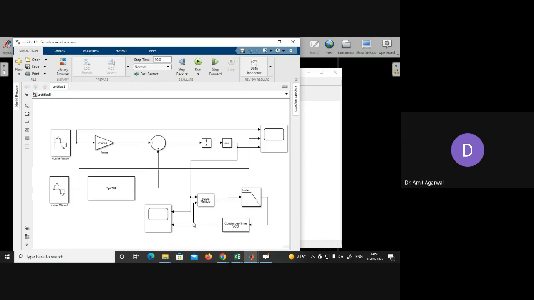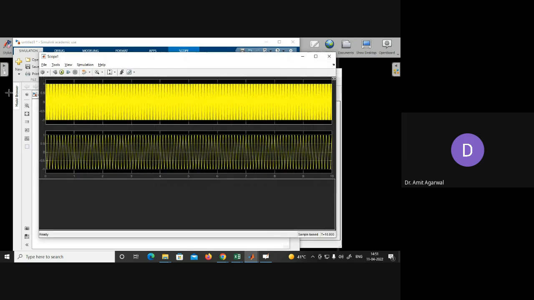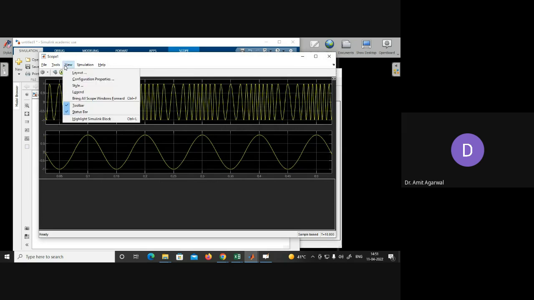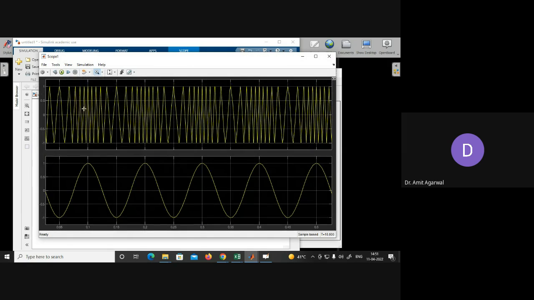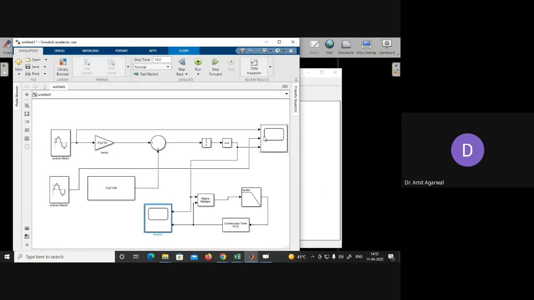VCO output is the demodulated signal and this is the modulated waveform. So now you can see that this is your modulated waveform and this is your demodulated waveform. ठीक है, तो आप लोगों को तीन स्क्रीनशॉट लगाने होंगे: one for the modulated and another one for the demodulated FM signal, and one for this schematic.